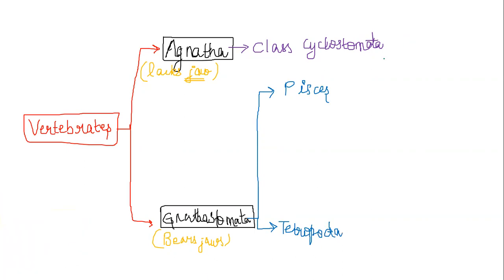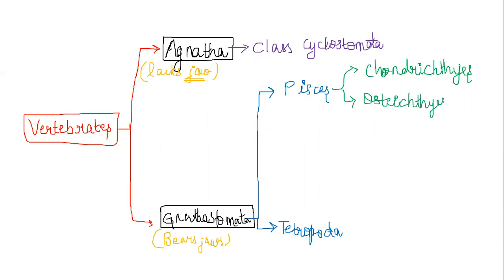Class Pisces is again divided into 2, that is cartilaginous fishes, which is Chondrichthyes, and bony fishes, which is the Osteichthyes.